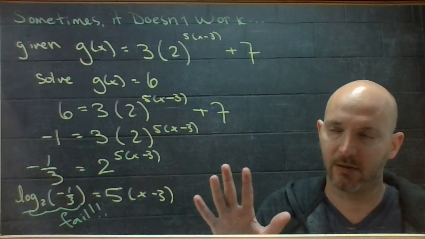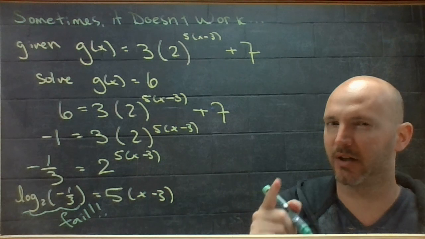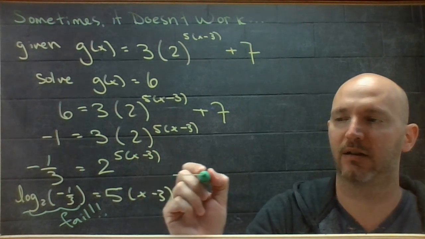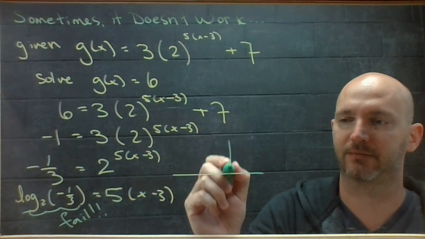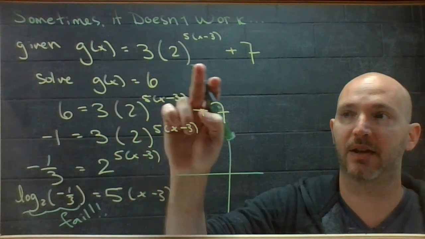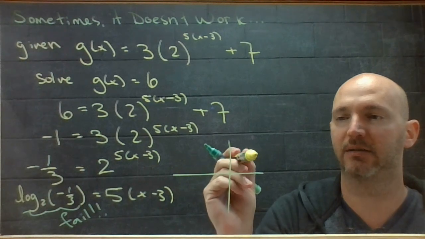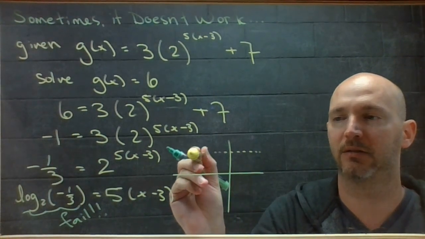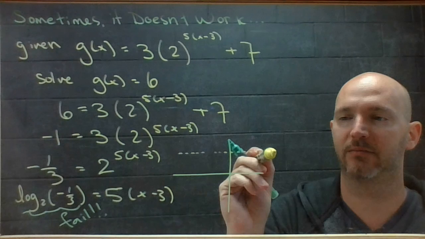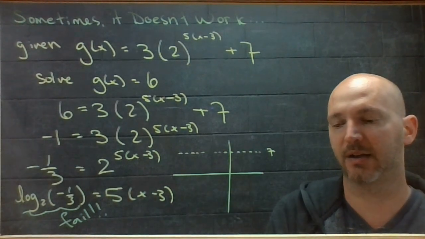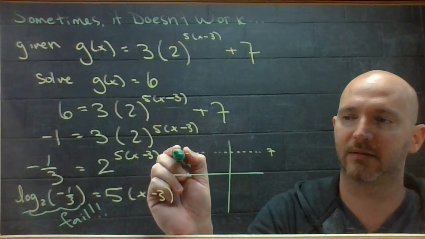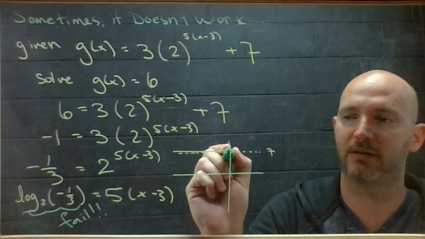And if you were to sketch it, which we haven't gotten to quite yet, but on a little axis here, this exponential has been moved up 7. So if I dash that in there, that's at 7. And exponentials always look like this, long tail, and then they take off.